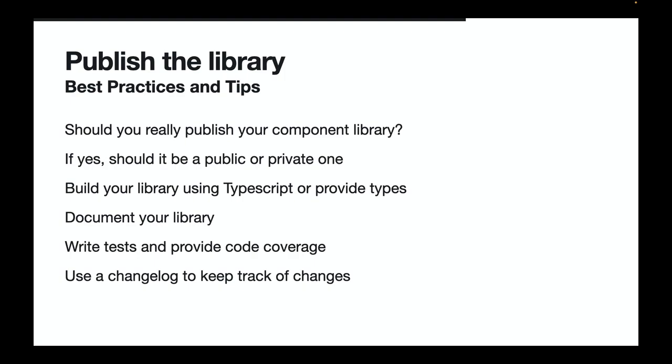If you use TypeScript, you never want to go back to vanilla JavaScript. Or you can code in JavaScript, but provide the types for people that are using TypeScript to feel happy, so to speak. Document your library, README, comments, write tests, and provide code coverage, and also a changelog to keep track of the changes. If your consumer has to update, they might know, oh, is this version impacting me a lot? Yes.